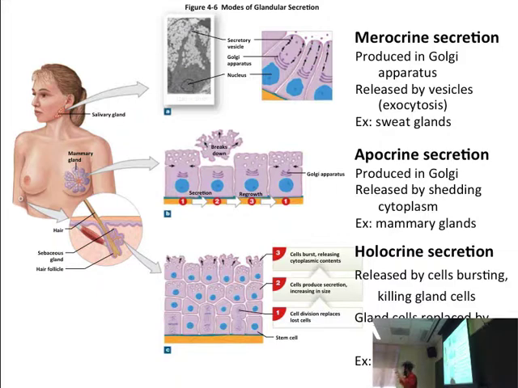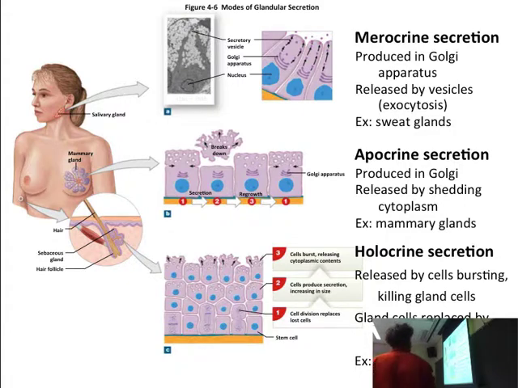Parts of the Golgi pinch off and are released as bubbles, little space pods, into the cell, and then they merge with the external plasma membrane. The inside of the vesicle becomes part of the outside of the plasma membrane, and what was inside that vesicle is then released out into the duct. All right? An example of this is sweat.